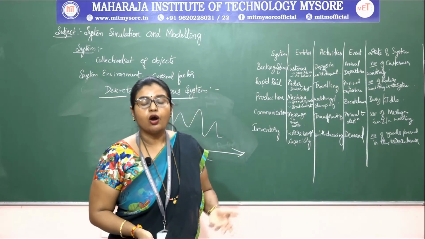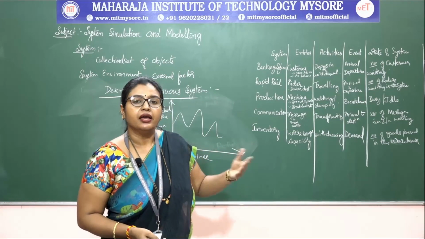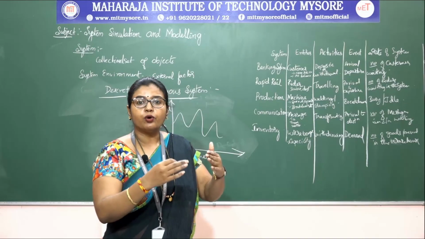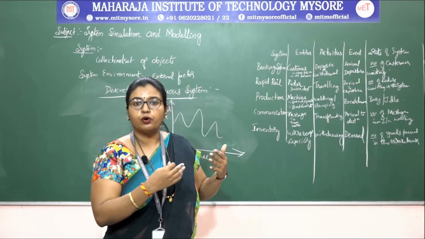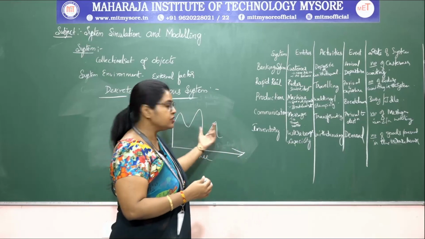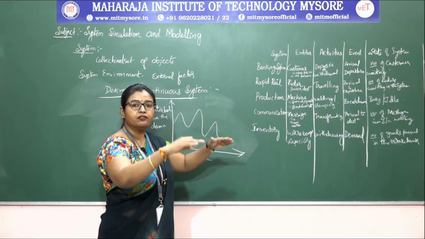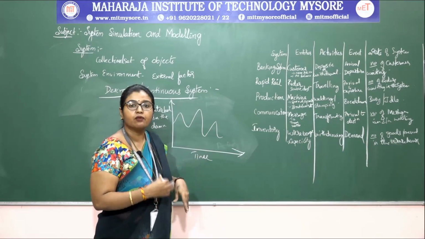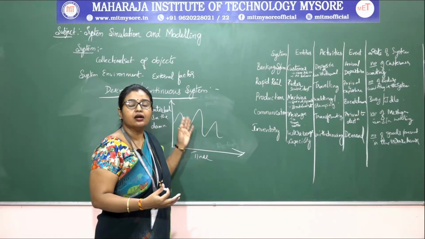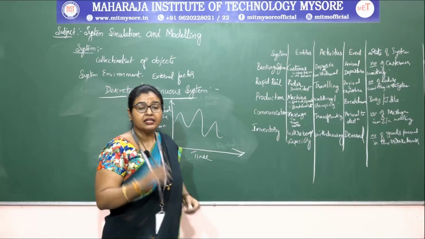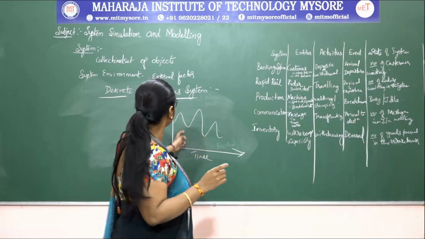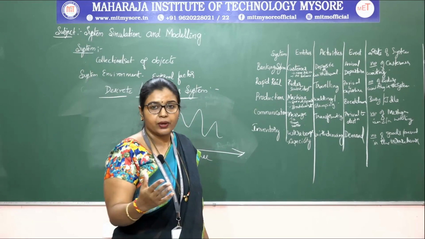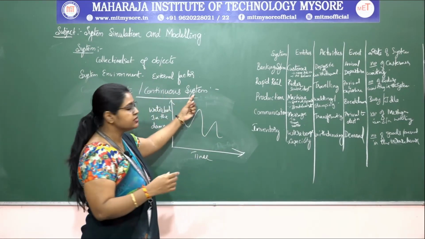Because of heavy rain, or any fluctuation like overflow of the water, or underflow of the water. Because of that, the water level will be continuous. So this is how we can represent our system. This is a continuous system, where the system variables change continuously.